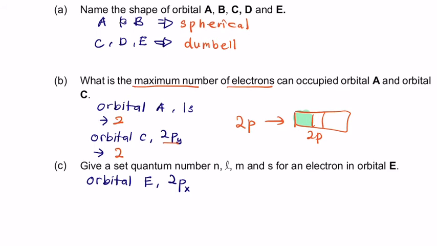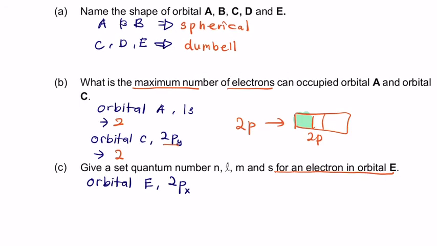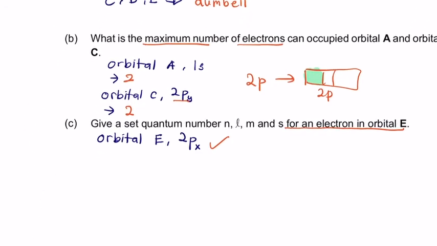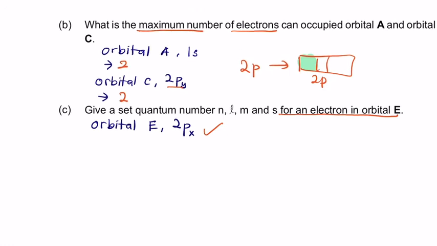And next, give a set of quantum number N, L, M and S for an electron in orbital E. So orbital E kamu tadi adalah 2px, this one. Okay. So dia minta kamu tulis set of quantum number. Okay. So macam mana you akan dapat?